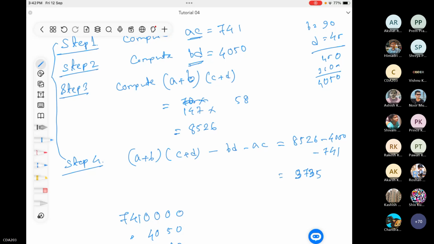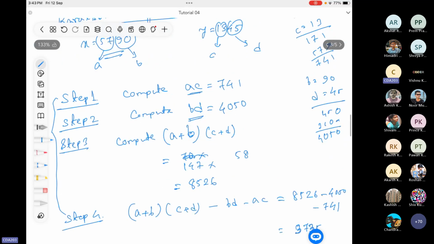We started with n-digit numbers, and our problem is to compute the multiplication of these two n-digit numbers. When we observe step 1, step 2, or step 3 rules, we are actually focusing on multiplication of two n by 2-digit numbers.